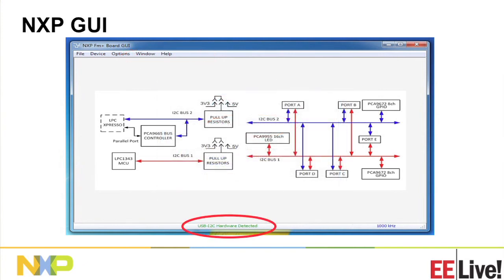When the hardware is connected, we get a confirmation signal at the bottom. And we also have a way to change the clock frequency on the bus. So if you have a design that you're currently using at, say, 100 kilohertz or 400 kilohertz, and you would like to know what happens if you increase the clock beyond that, you can go ahead and program the clock generator on the board to generate the new clock format up to 1000 kilohertz.